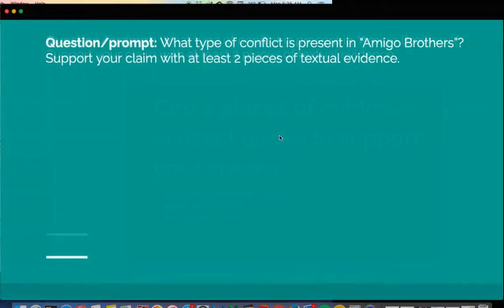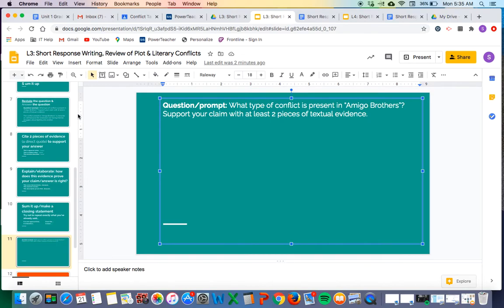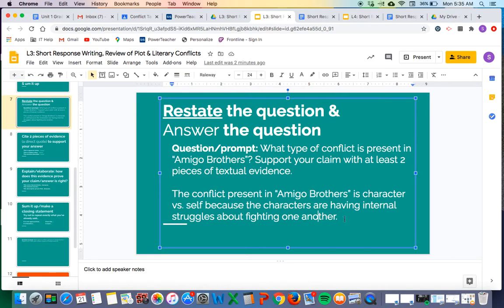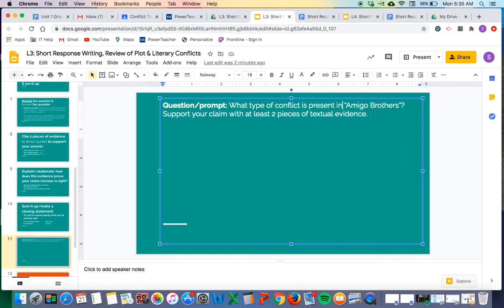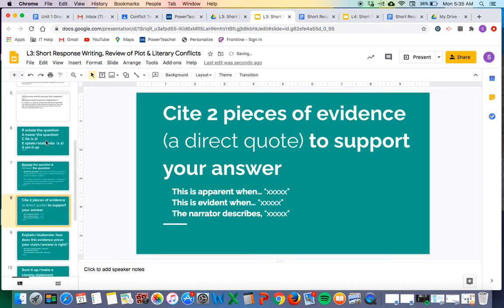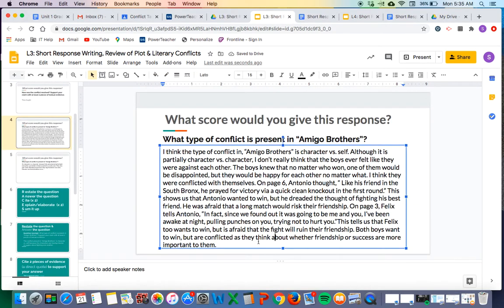All right, so I could write in real time for you guys a whole RACES example, but I feel like I don't have to because one of your peers did a really nice job with this response.